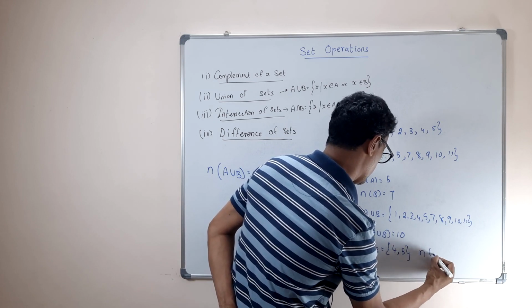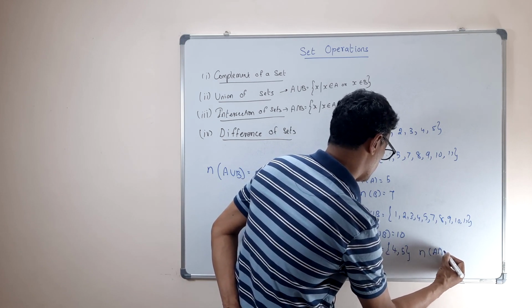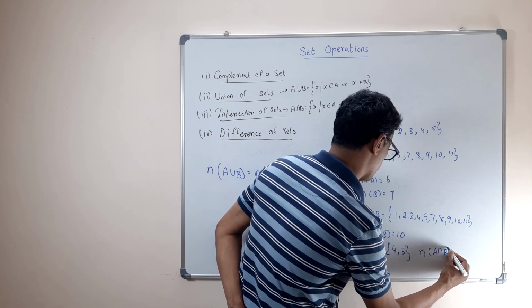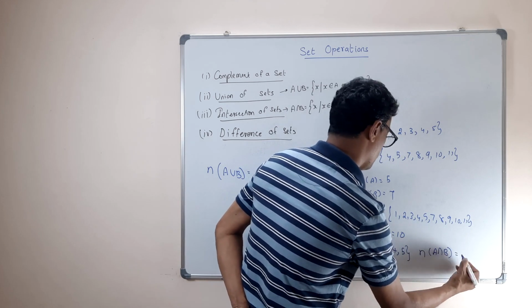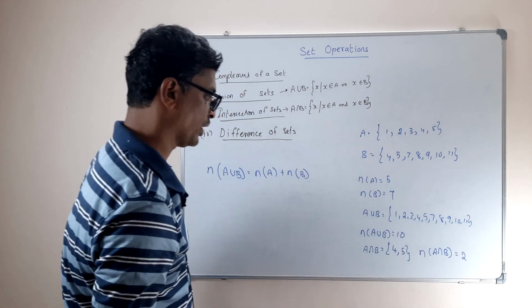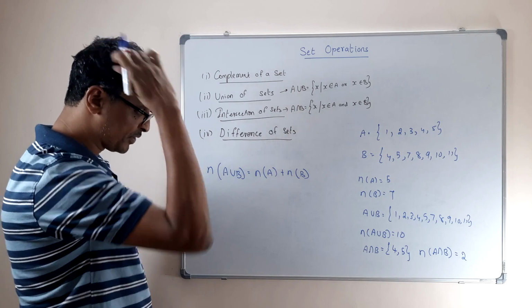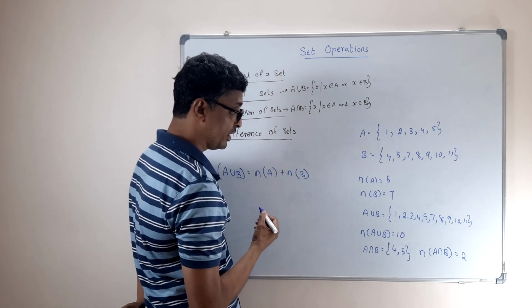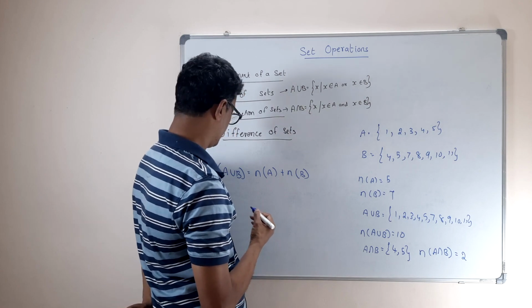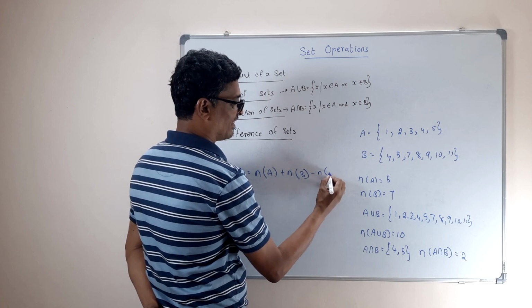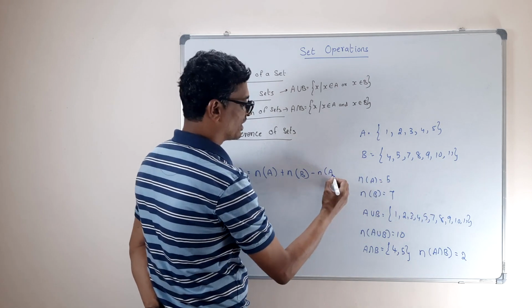N of A intersection B, how much? Tell me. 2. So, can you say anything from here, seeing these numbers? N of B minus N of A? That also won't be correct. I can change the number, then it goes other ways, right?